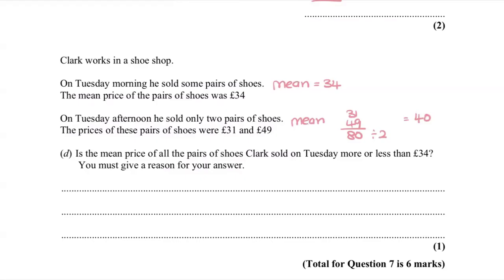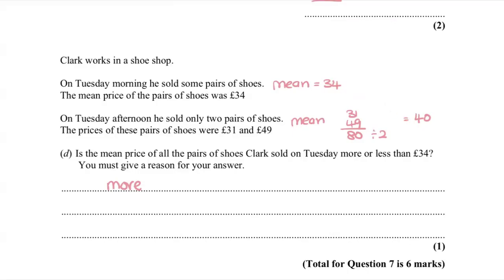Is the mean of all the pairs, so everything sold on Tuesday, more or less than 34? So the answer is going to be more because we've worked out here that the mean for the afternoon is 40, which is substantially greater and will then lift the whole mean for the day up.